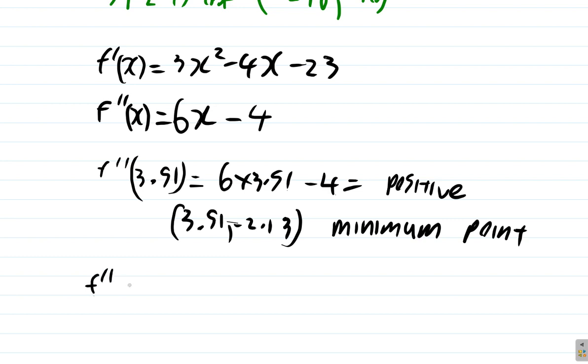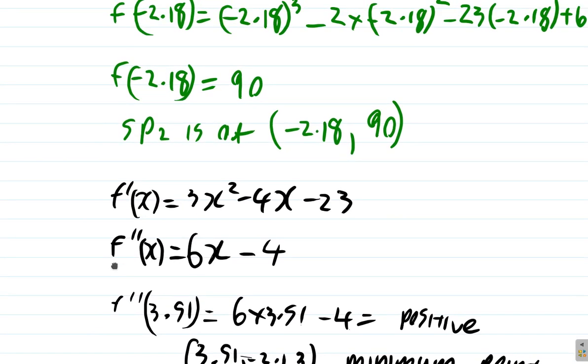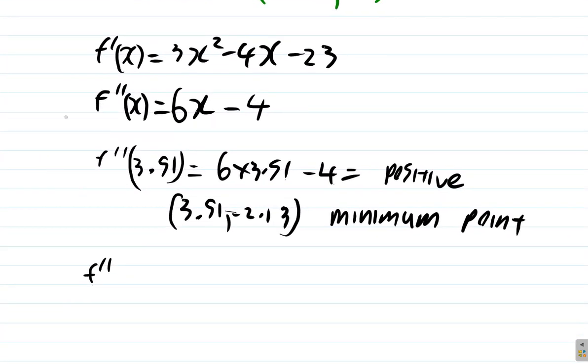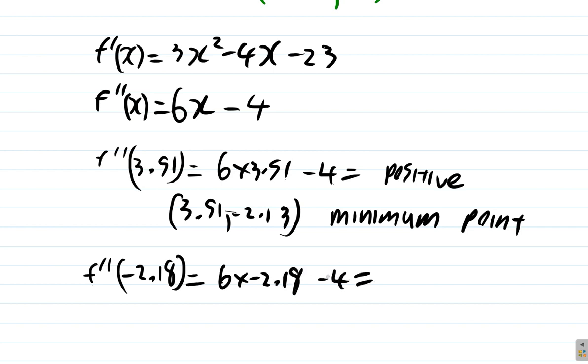And then f double prime of the next one, negative 2.18, is going to be 6 times negative 2.18 minus 4. Well, you can see that this value will be negative.